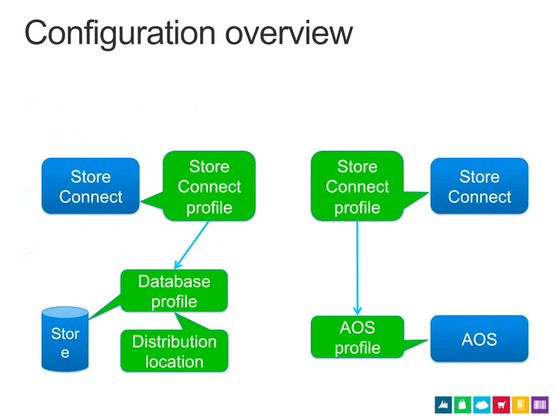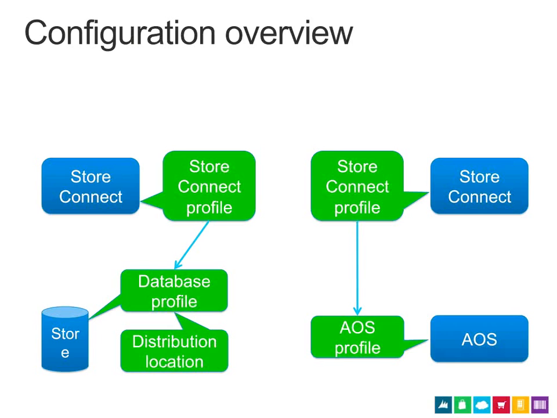And then it's probably easier if we switch to this graphic to explain how this is configured. As I mentioned, if you have the store database, you create a database profile for this. You configure whatever you need to get to that database, and then you have the distribution location. That database profile is associated with this distribution location.